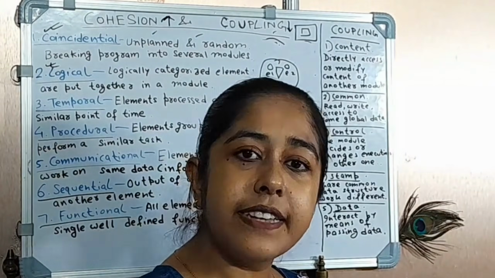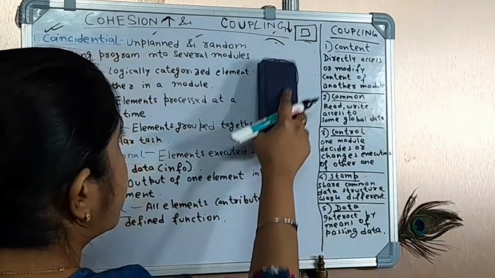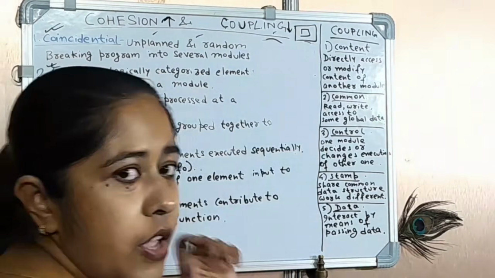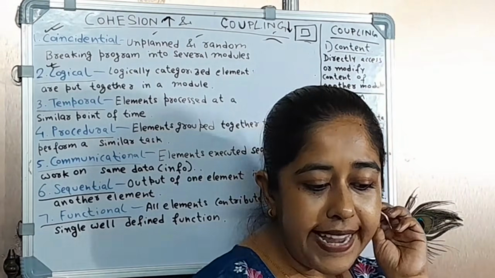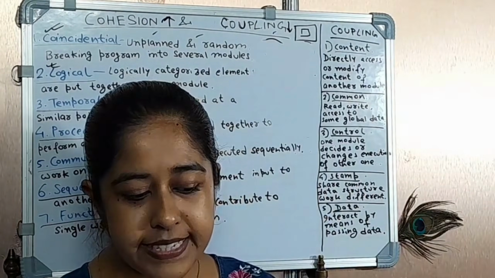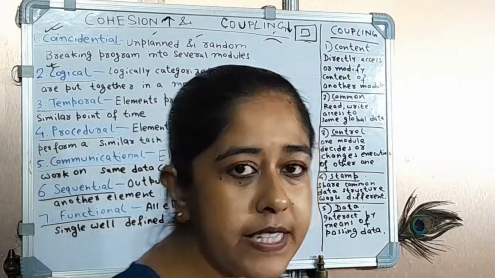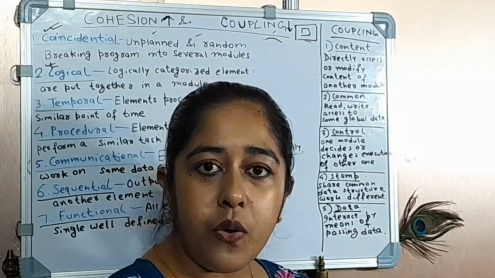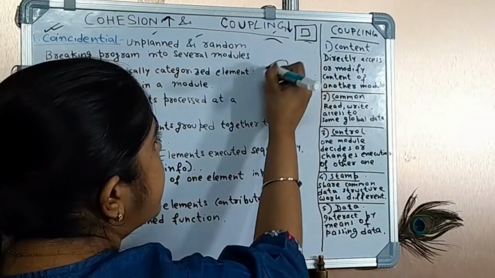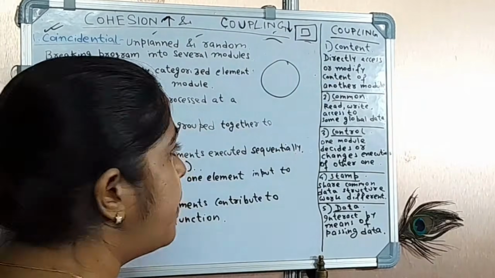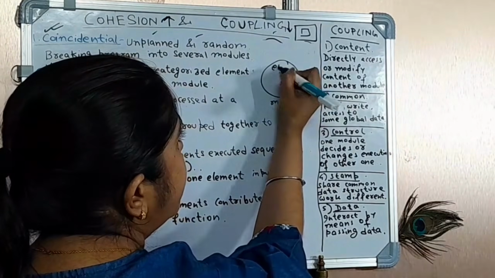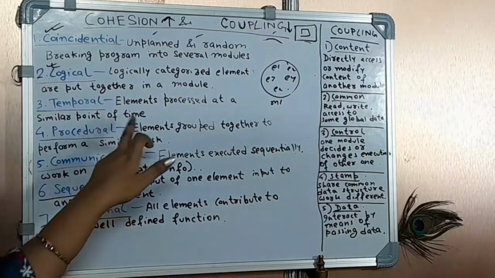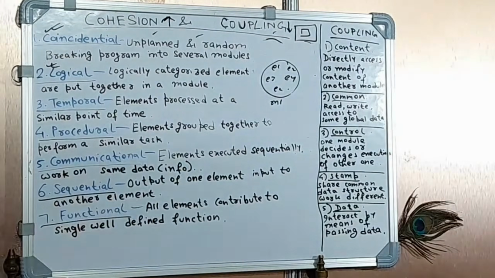Now, what is our third kind of cohesion? This is temporal cohesion. What is temporal cohesion? When elements of a module are organized in such a way that they are processed at a similar point of time. What does that mean? Suppose this is our module M1 and these are our elements E1, E2, E3, E4, etc. Elements are processed at a similar point of time.